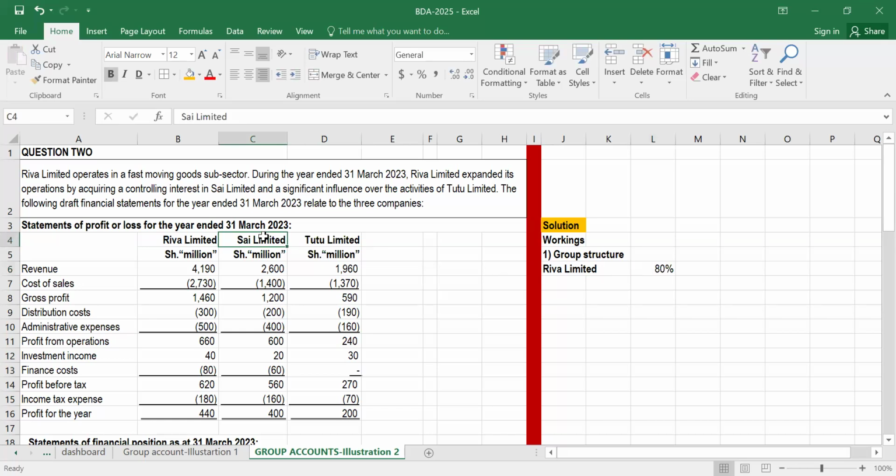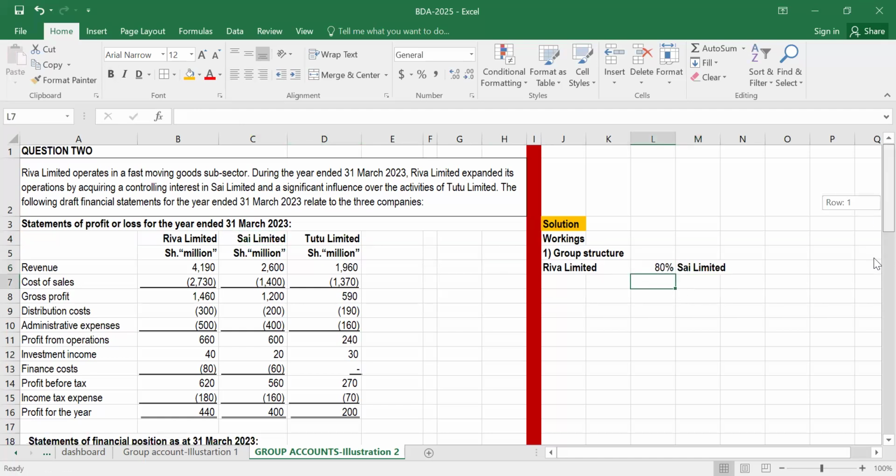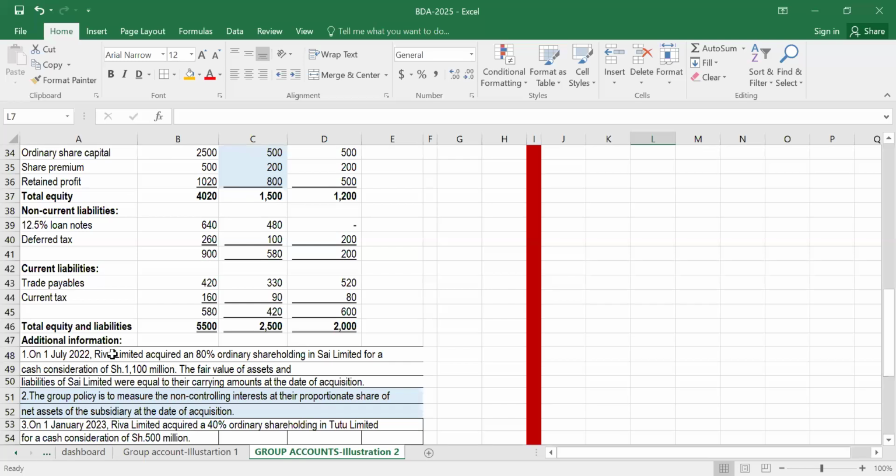So we just copy this one, then we paste it here. Also, in this case, we are given the date of acquisition, which I think is 1st July. I can just copy this one.